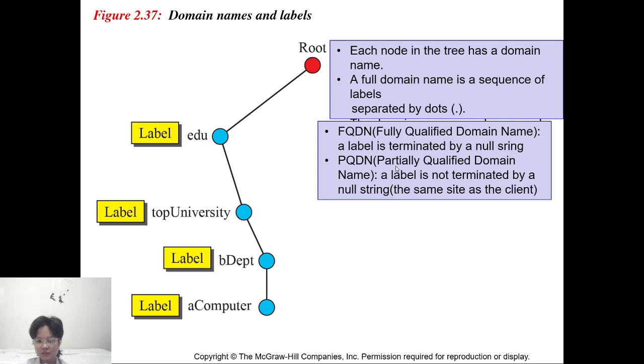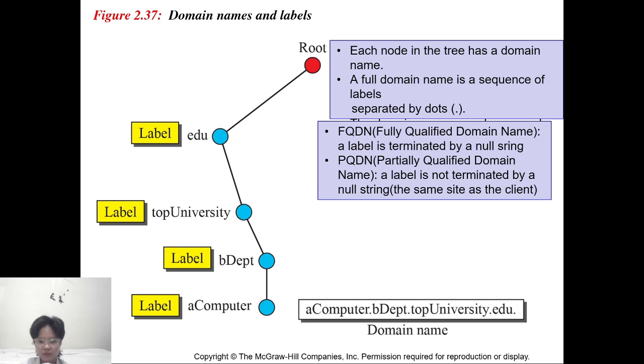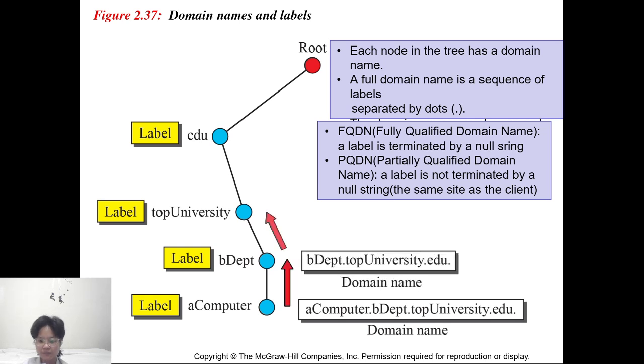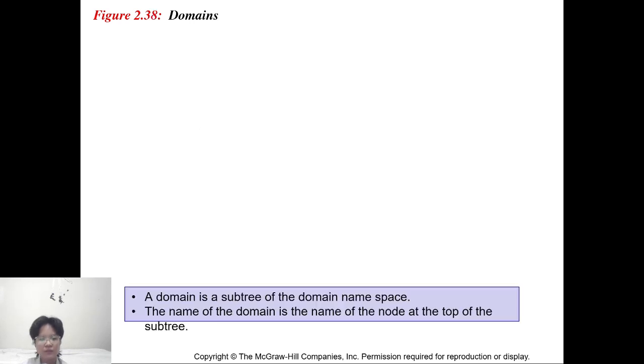A PQDN is a partially qualified domain name, where a label is not terminated by a null string. Under the root, there are nodes with labels. For example, a computer dot business dot topuniversity dot edu is a domain name. You can see the URL.